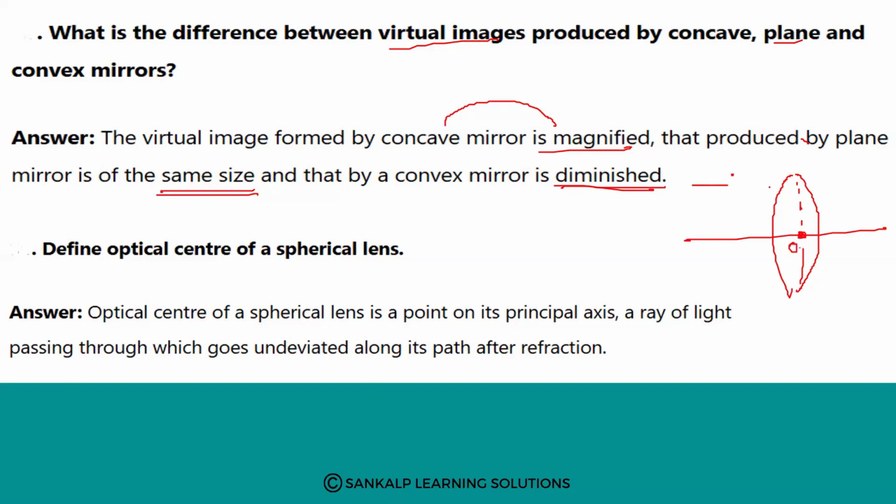When a ray is passing through the optic center, it goes without deviating from its direction, undeviated along its path after refraction. Okay, this is the center of the spherical lens.